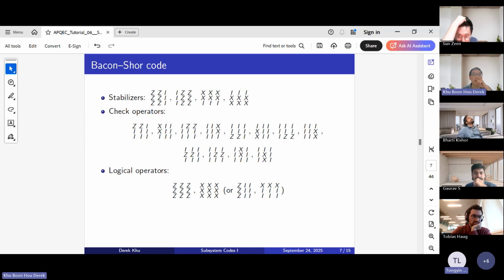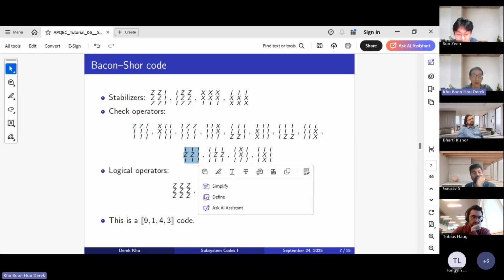Yes. So what we want to do is, for example, to get this guy, measure this first guy, and also this guy, in this order. So the order of the checks is somewhat important. Measure these three checks to get this guy, and then measure the other three Z's to get this guy.